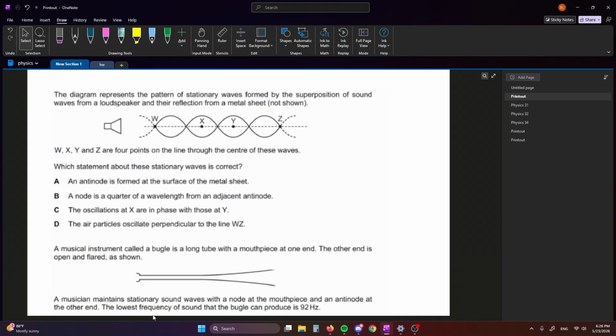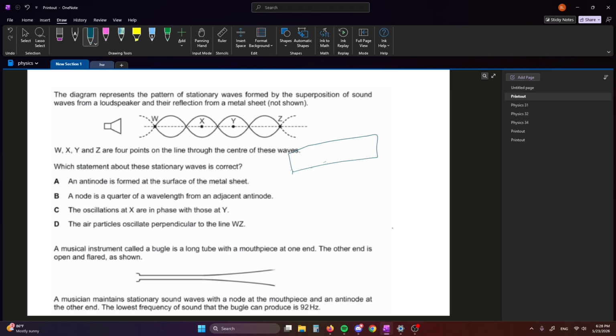Because an antinode cannot form at the surface of a metal sheet. We have a metal sheet, right? If we have a metal sheet, the sound waves can't really move freely. At least that's the explanation. The explanation is like the particles can't move freely on a metal sheet.